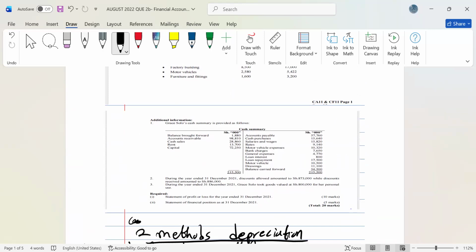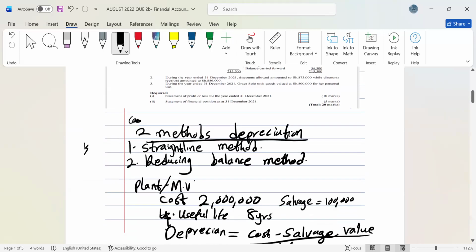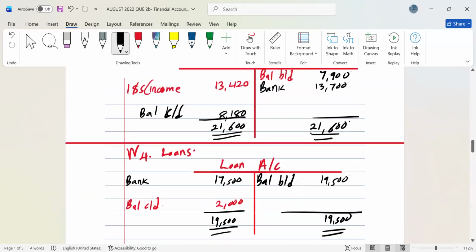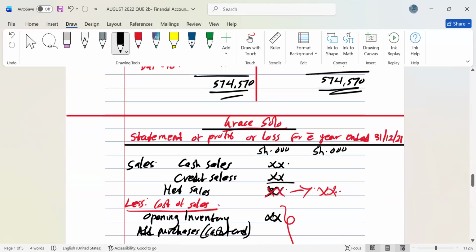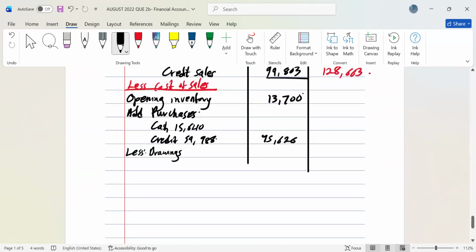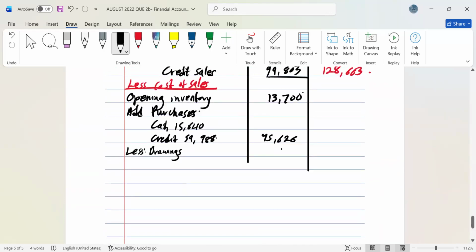During the year ended 31st December 2021, Grace Solo took goods valued at 800,000 for her personal use. So we take that one, 800. So drawings 800. This one I put in bracket because we are lessing.